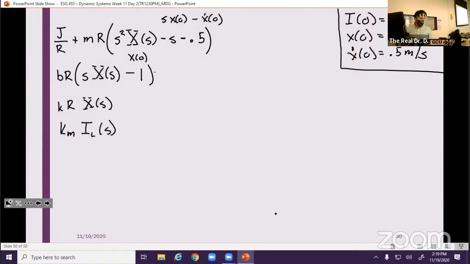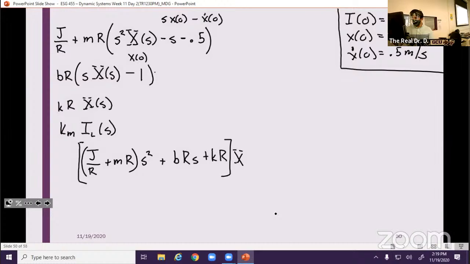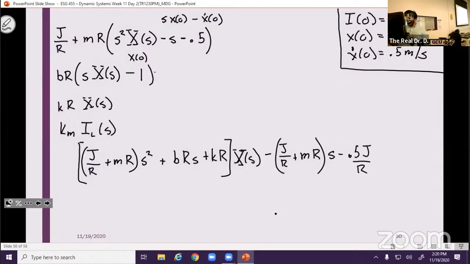And so I can start to move some of these things around and algebra them. I'll get J over R plus MR s squared plus BR s plus K times R, this whole thing times X of s, minus J over R plus MR times 0.5 times s, minus 0.5 J over R plus 0.5 MR, that's the first term just expanded, plus, or I guess it'd be minus BR.